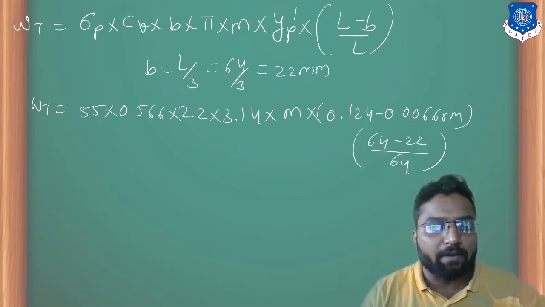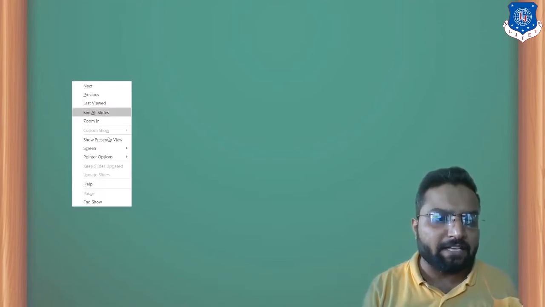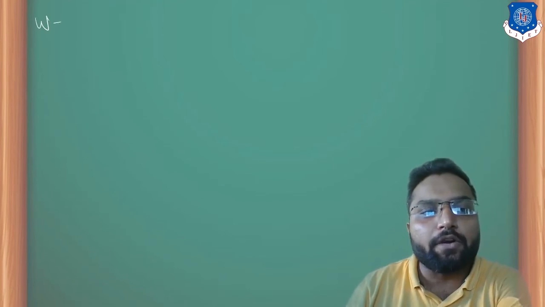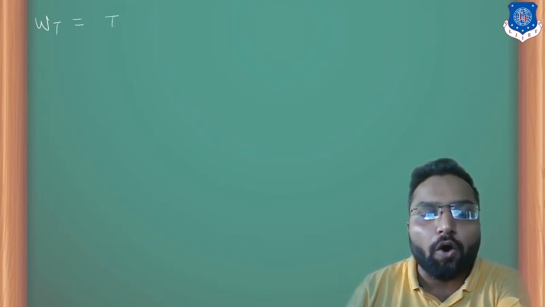To find this Wt, we should find different aspects of our load. Wt we aren't given directly. So Wt will be torque divided by dp by 2.